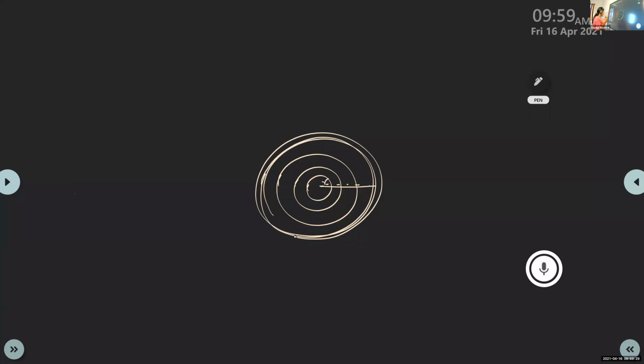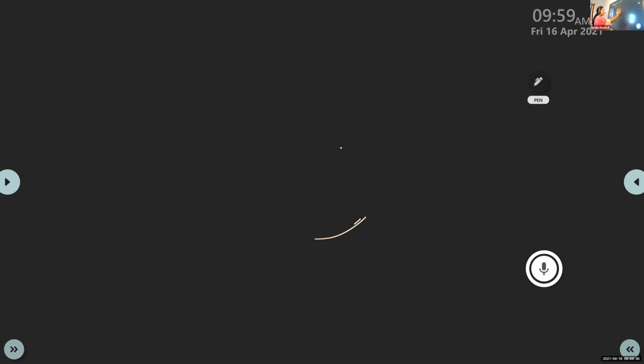So whenever there is a change in one quantity, there is a corresponding change in another. We are going to find such quantities. Here one situation is explained. A balloon, which is always spherical in shape, has a variable radius.